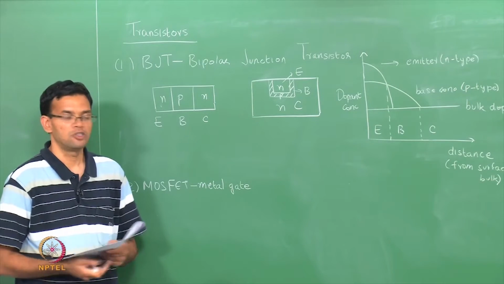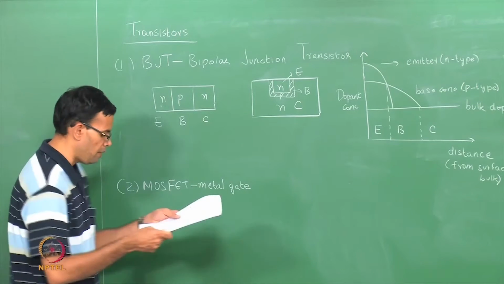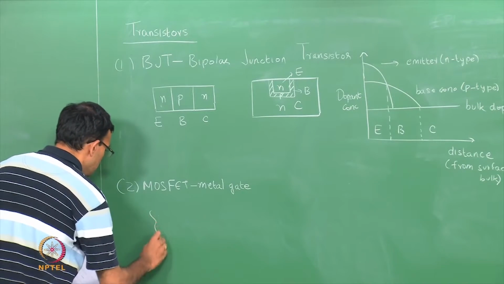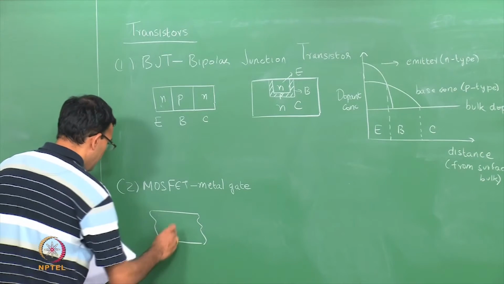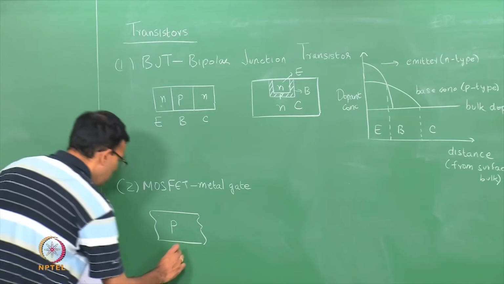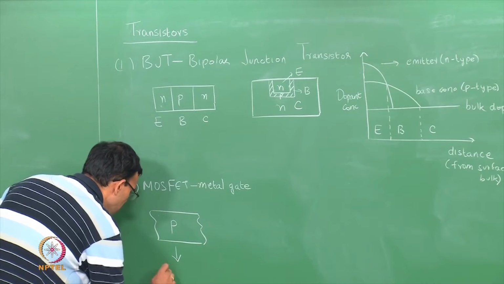So, I can draw a schematic of how a MOSFET, the metal gate, is fabricated. You start off with your bare wafer. We are going to make it p type. We will then grow an oxide layer on top.